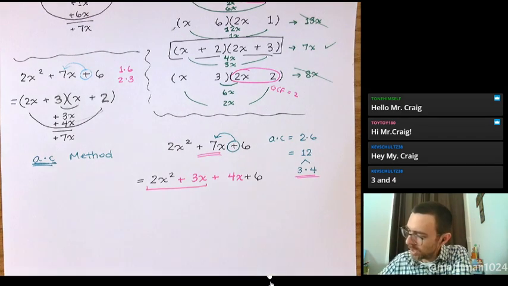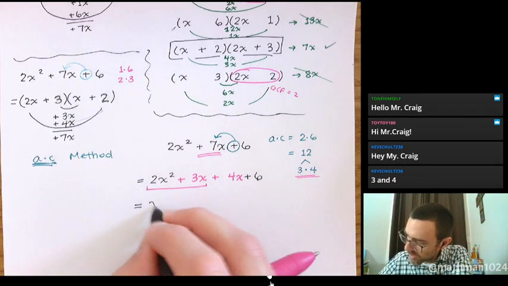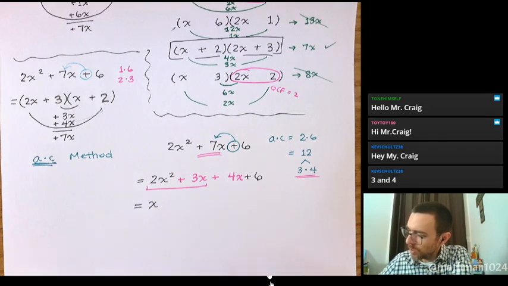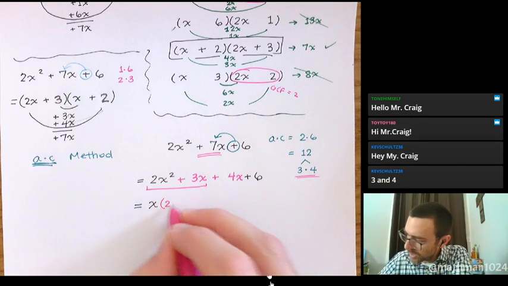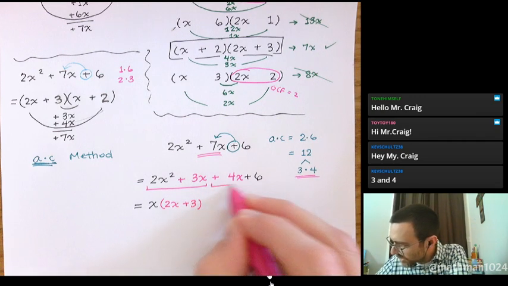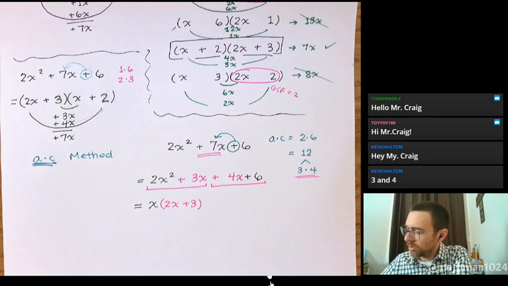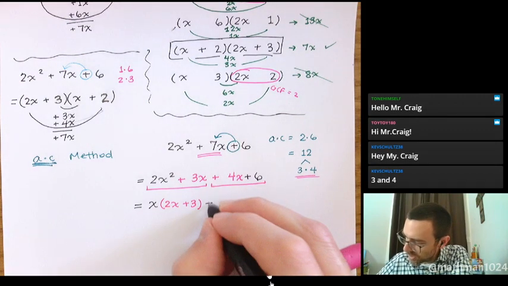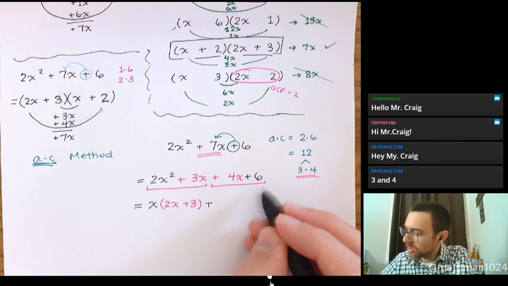So just like we were doing yesterday, we found that common factor for the first 2 terms, which is going to be x. We factor that out, and we are left with 2x plus 3. And then in the second group, we start with a positive, and the common factor for 4x and 6 is 2.